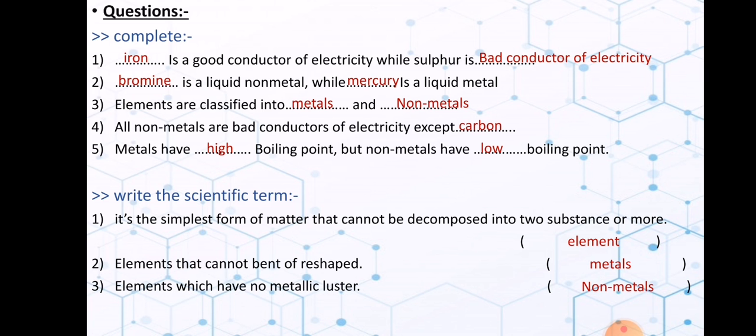Okay, non-metal, not metal. Sorry for this mistake. So non-metals are not malleable, so they cannot be bent or reshaped. Also, they have no metallic luster. But if the question says elements that can be bent or reshaped, the answer will be metal. So sorry about this mistake.